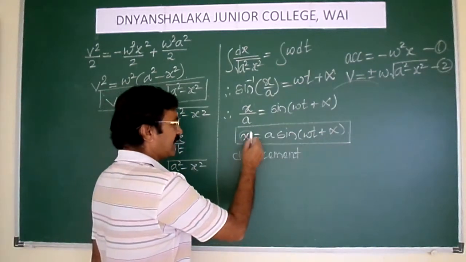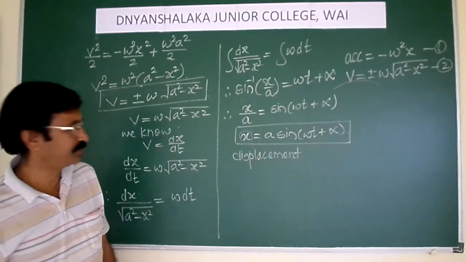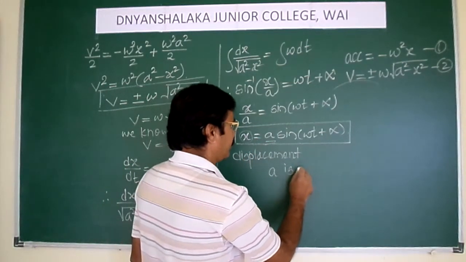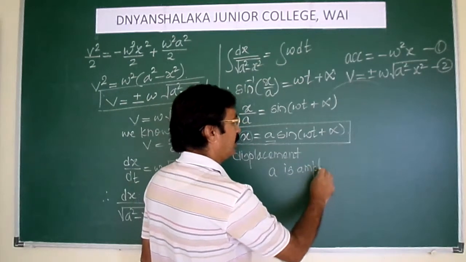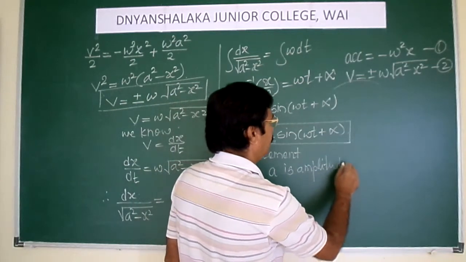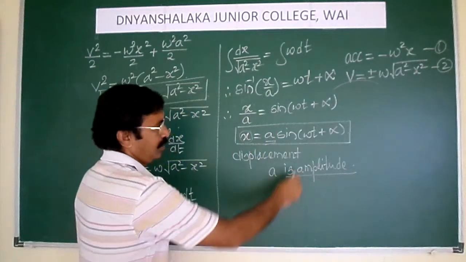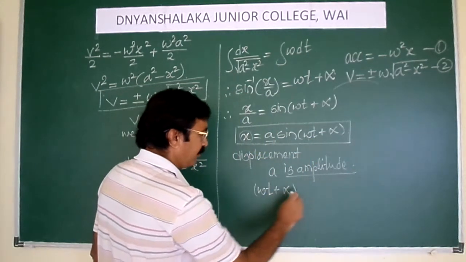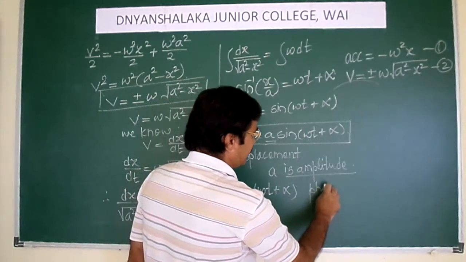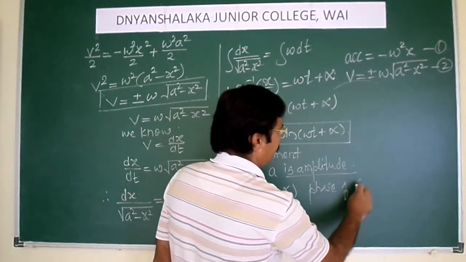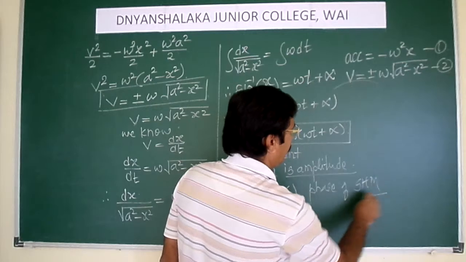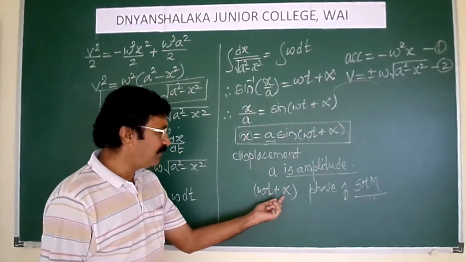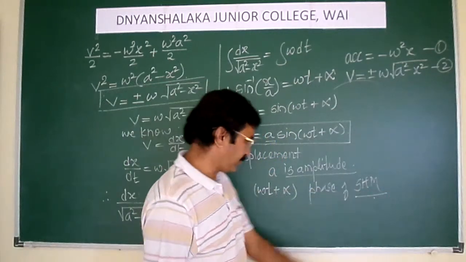We get x as the displacement, a is the amplitude, and omega t plus alpha is the phase of SHM.